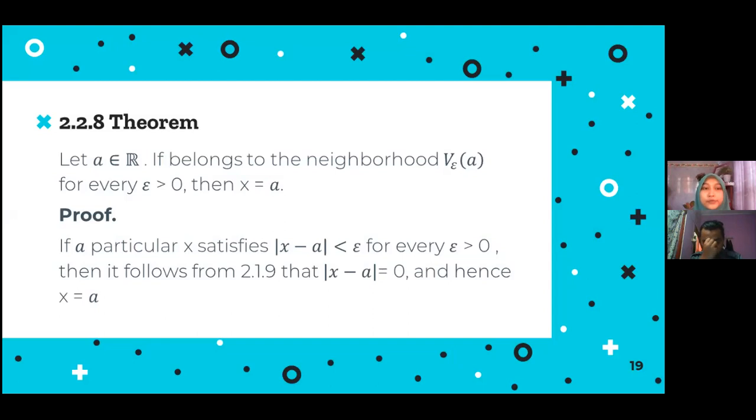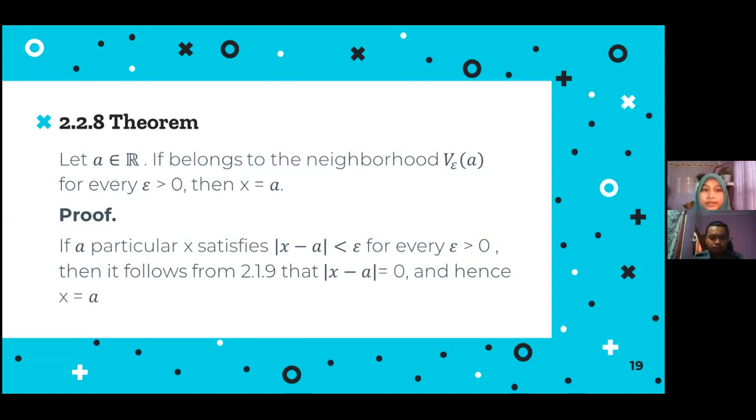Next, Theorem 2.2.8. Let a be an element of the real numbers. If x belongs to the neighborhood V_ε(a) for every ε > 0, then x = a.